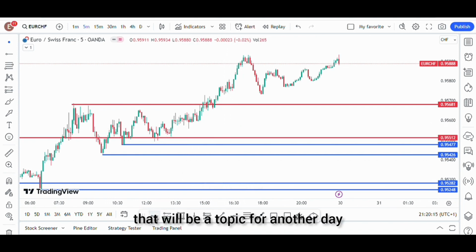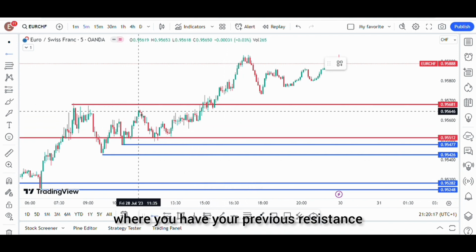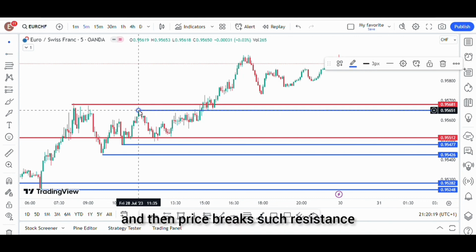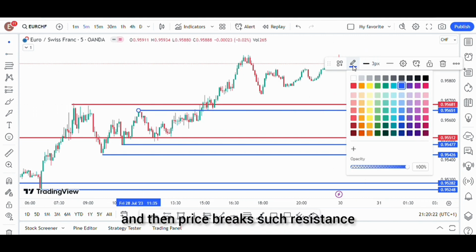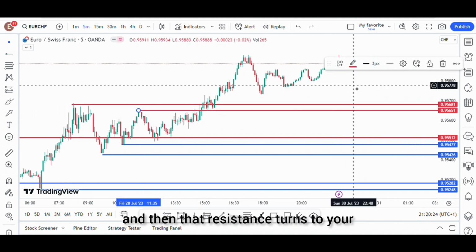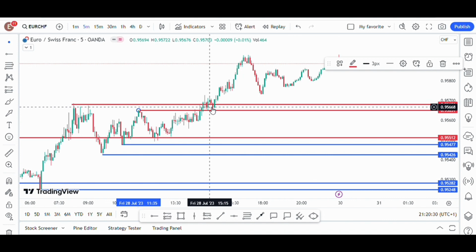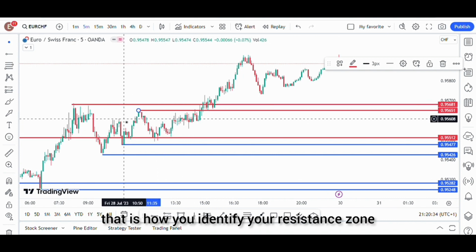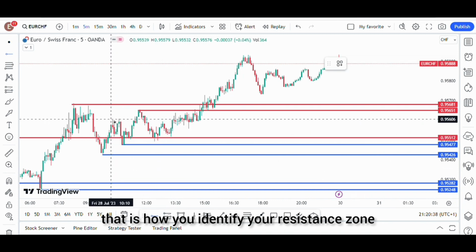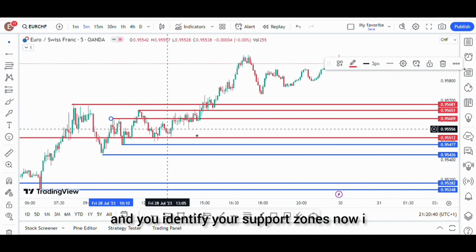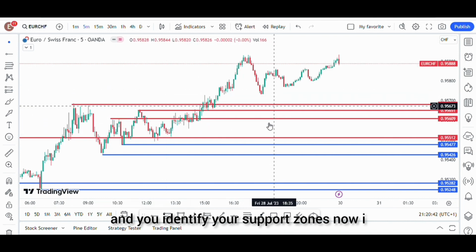That will be a topic for another day, where you have your previous resistance, then price breaks that resistance, and that resistance turns into your present support. So that is how this whole thing works. That is how you identify your resistance zone and your support zones.